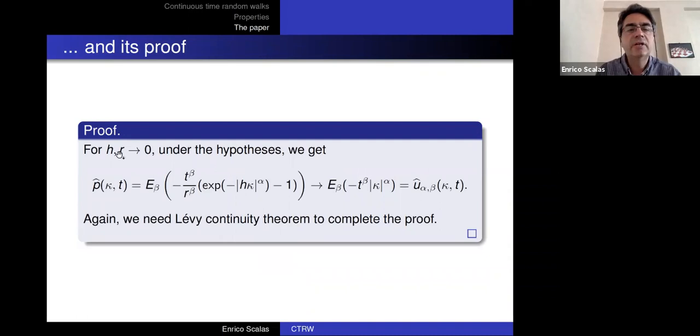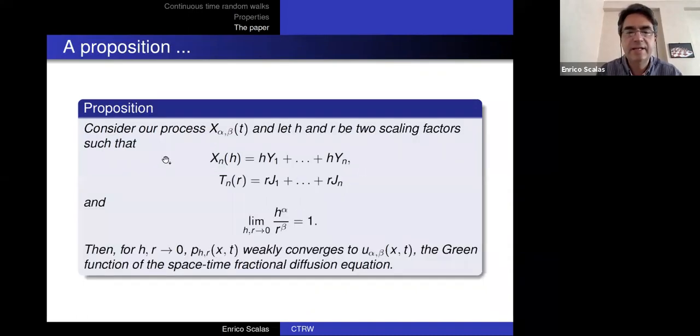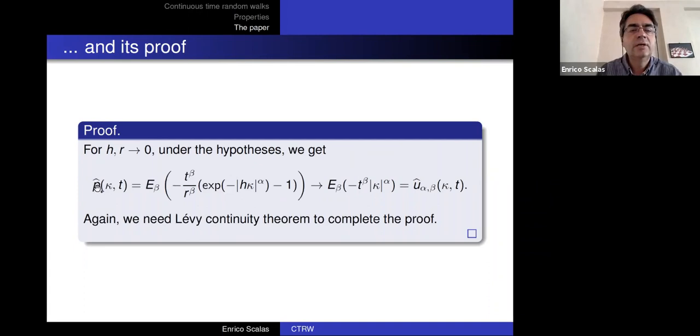And in particular, if you send h, r to 0 under the hypothesis that this ratio converges to 1, you start from the characteristic function, and then this is a continuous function, E beta, so you can put the limits inside, and this is converging to E beta.